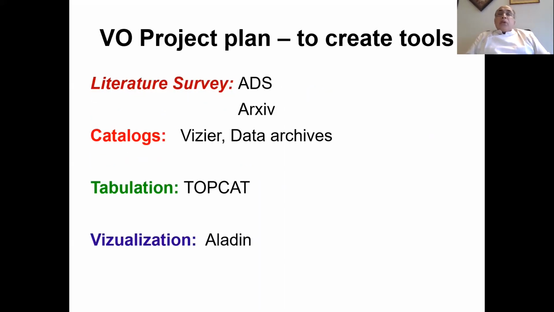The VO project plan is to create tools for literature survey like the ADS, catalogs like VizieR, and data archives, tabulations for which they have developed Topcat, and visualization of these objects, which is Aladin. And like I mentioned, there's interoperability. There's a connection. All these things talk to each other, and data can flow from one application to another, and so on.